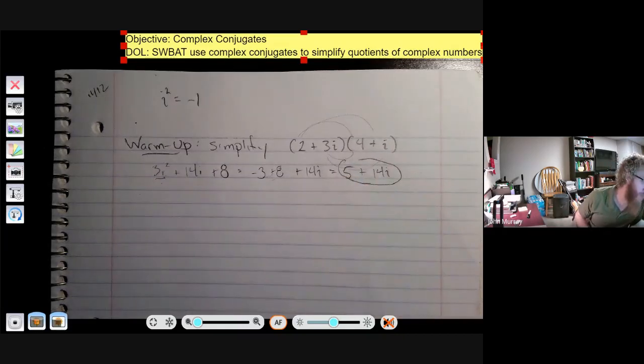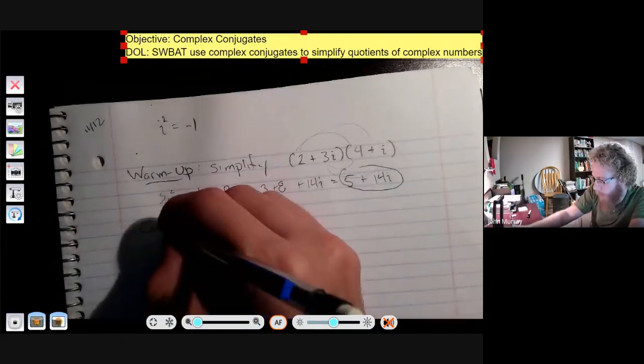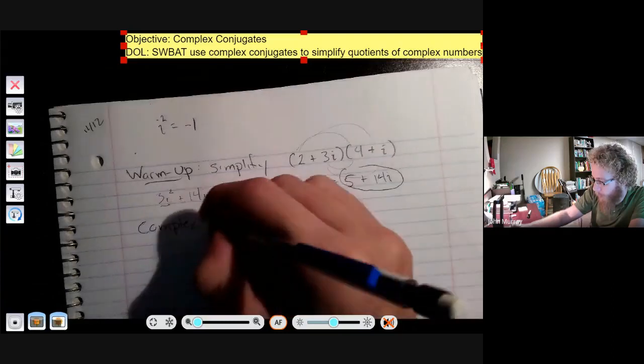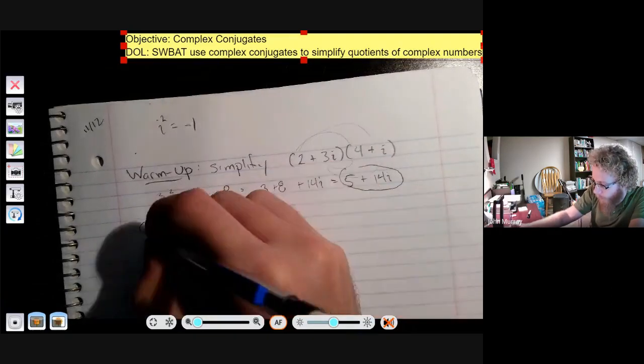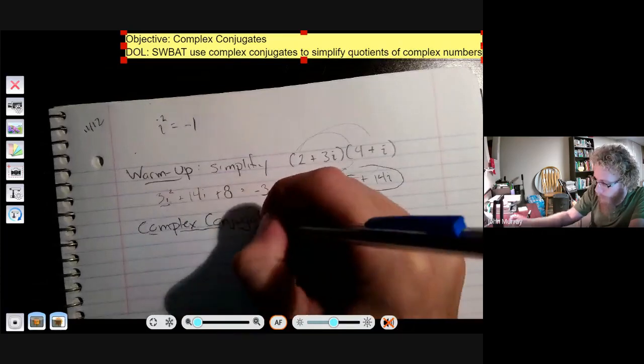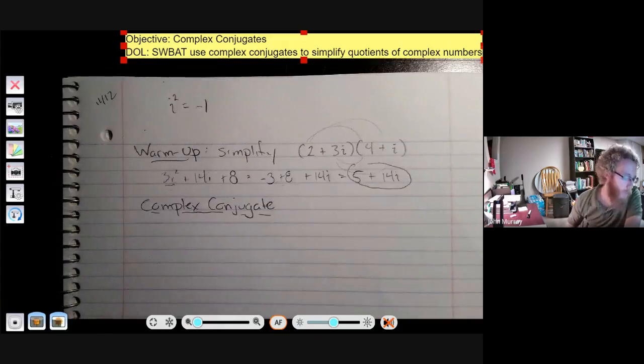Now there's a special property of complex numbers, and I just gave it away. That's called a complex conjugate. Now what a complex conjugate does is it kind of helps us remove an imaginary part. Now this is only used in specific parts.